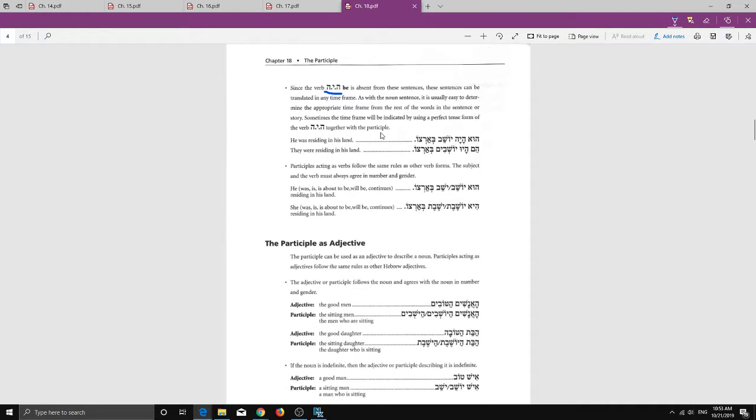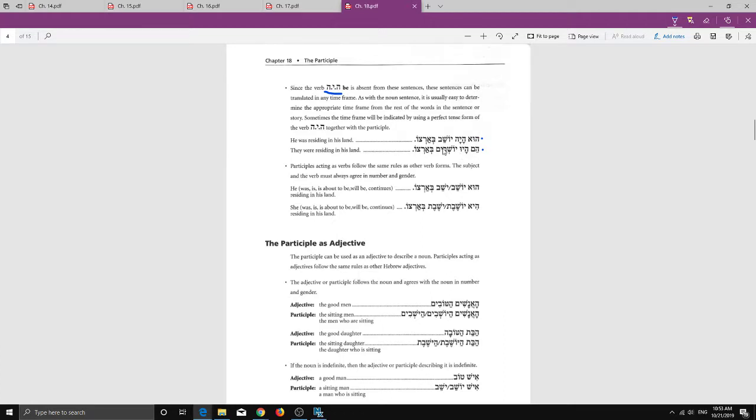So if we want a time frame, and really it's if the author wants and we're translating it, we can do that by adding hayah. So here we have hu hayah yoshev ba'aretzo. So he was residing in his land. Hem hayu yoshvim ba'aretzo.